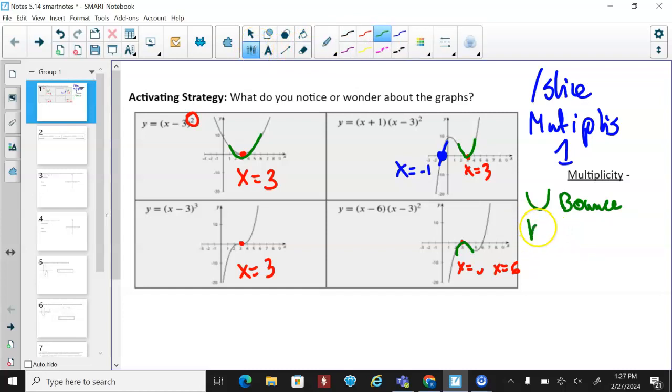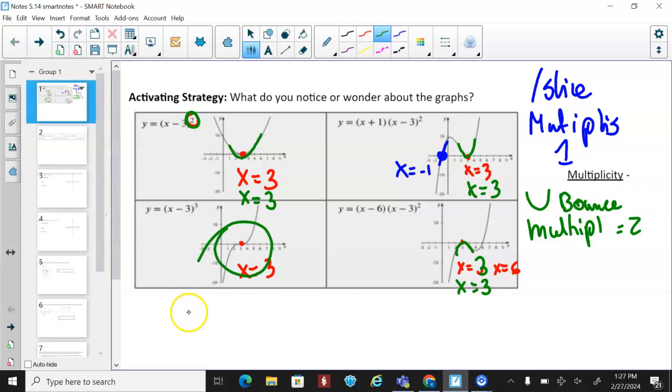So the multiplicity is 2. Okay, so that means there could be 2 or more even zeros and x-intercepts. That means that at the same point, there are 2 of the same numbers. Here at the same point, there are 2 of the same numbers. Here at the same point, there are 2 of the same numbers.